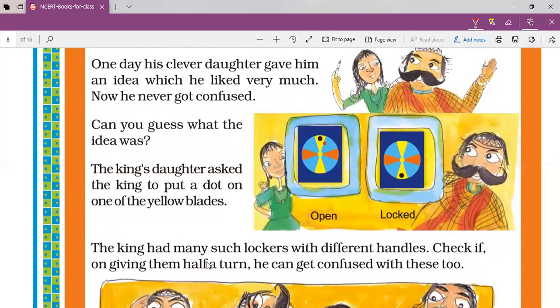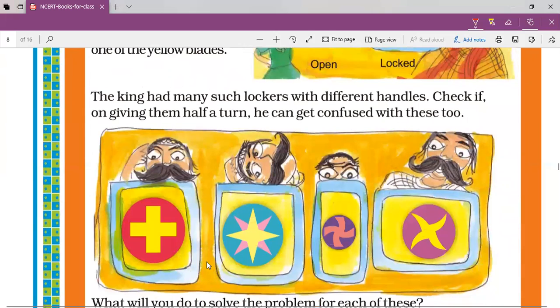Now, the king had many such lockers. You can see there are many different lockers in his palace. So there might be more lockers in his palace. So these are different kinds of lockers. He is checking each and every locker by giving a half turn, and for that he can get confused.